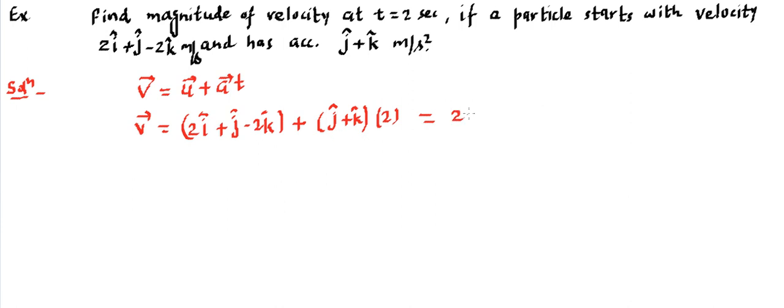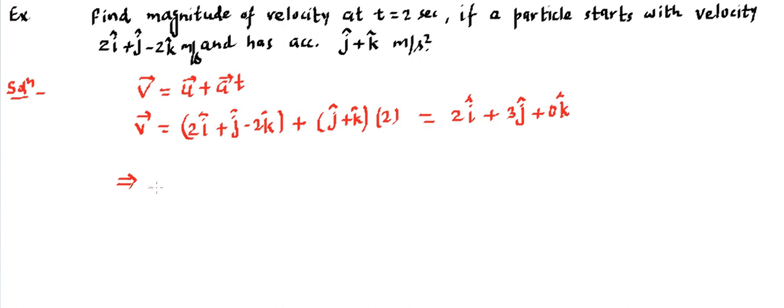So it's going to be 2i cap plus 2j plus j will become 3j cap. You can do the calculation then onward, that's not an issue. 2k cap plus and 2k cap minus will cancel out, so it becomes simply 2i cap plus 3j cap, and if you want to, you can write 0k cap, but that has nothing to do with anything.